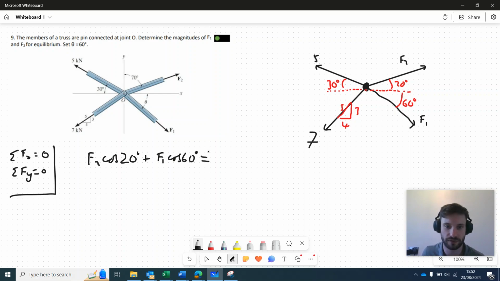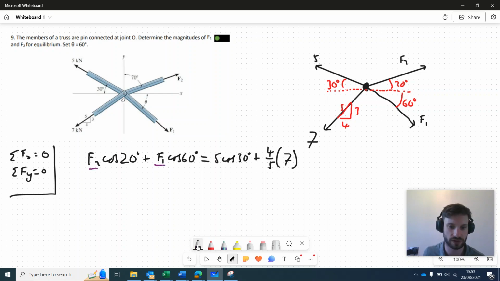And acting to the left, we've got this 5 cos 30 component and this 4/5 of 7. Excellent. Is this solvable? No, because it's got 2 unknowns in it.